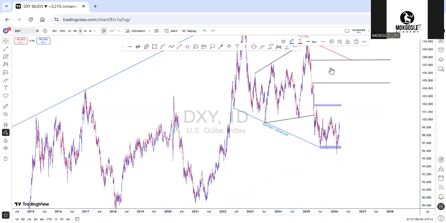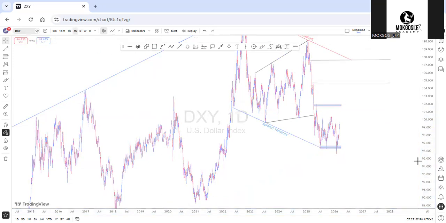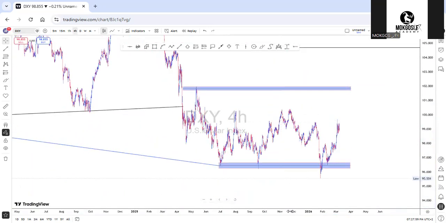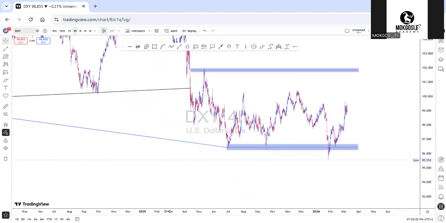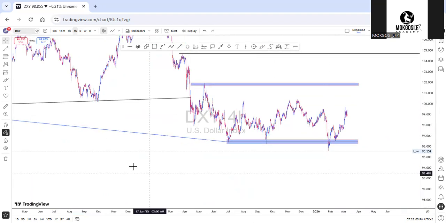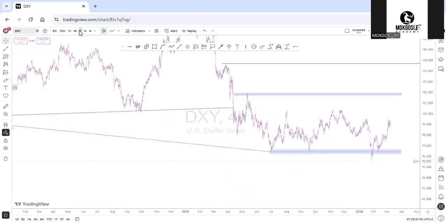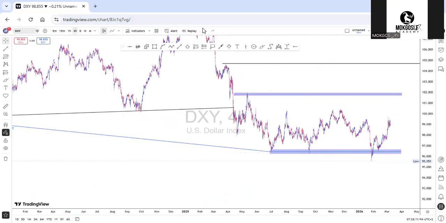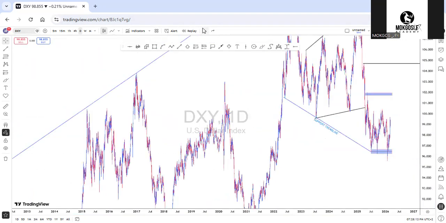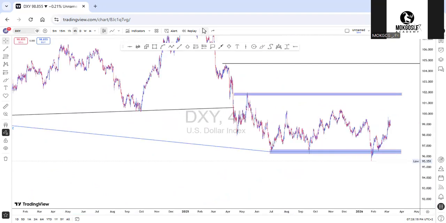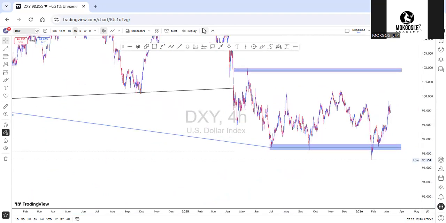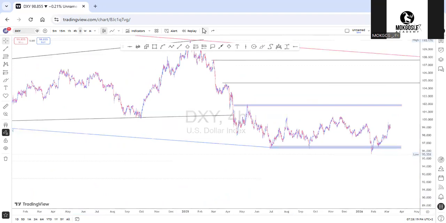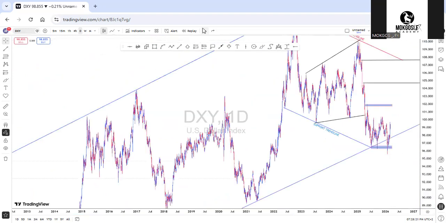Chart clean. No man, what's happened here? Let me just make it like this. I want that trend line to appear again.